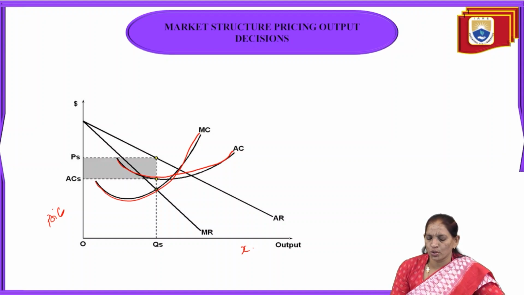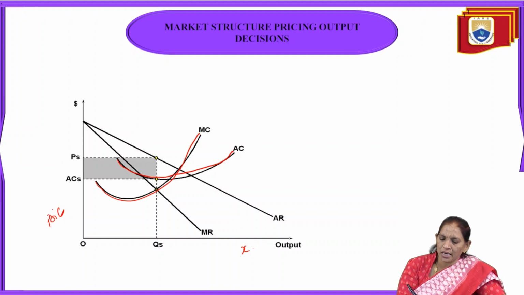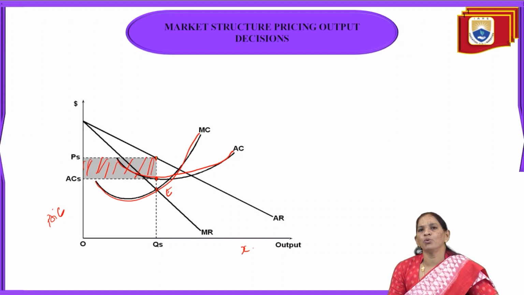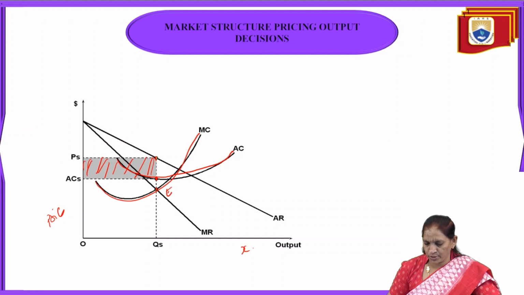Where MR and MC cut, that point we call the equilibrium point, and the area between AR and AC, this total portion, we can consider as the profits of the monopolistic organization.